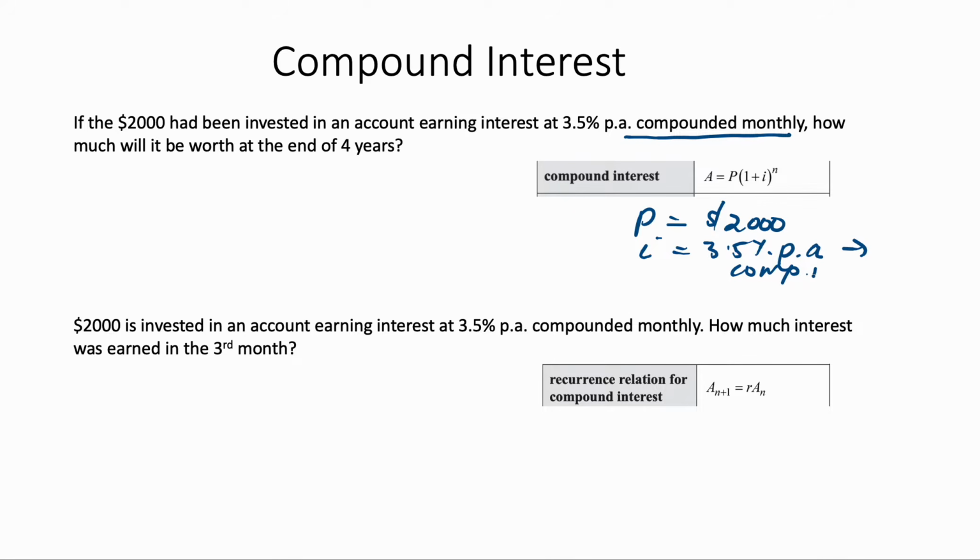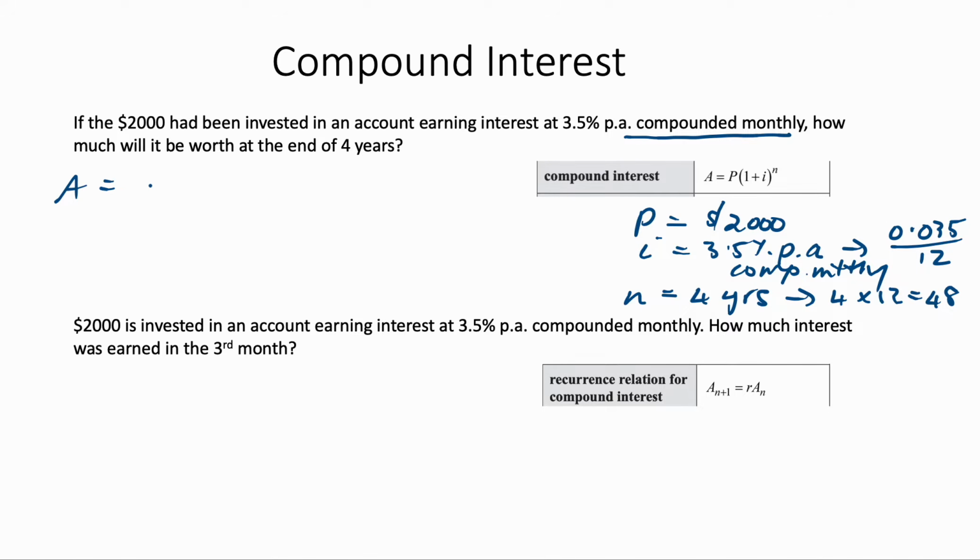So what we're going to be putting in the formula is 0.035, and we have to put it over 12 to get it down to a monthly interest. Then our N has to be months as well. The interest and the N have to match each other in terms of the compounding period. So 4 years, what we'll be putting in will be 4 times 12 to get 48 months.